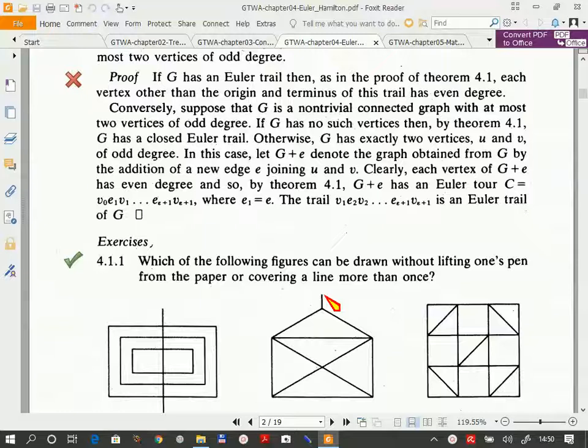So never. Pardon me? Vertex is important, or edges are important? Here it's Euler. No, I must go through every edge exactly once. Euler. Every edge exactly once. The vertices are important? No, sorry. This is connected to the first part of the chapter. Euler. Okay?